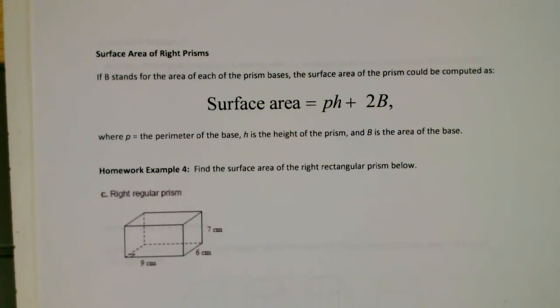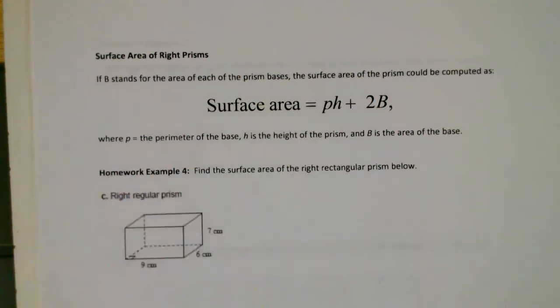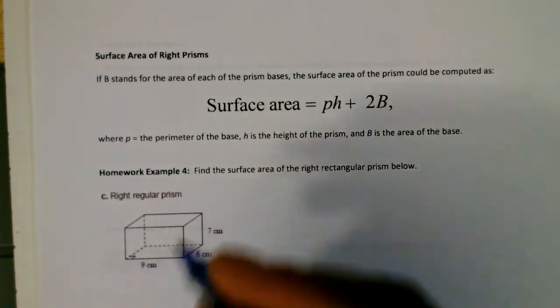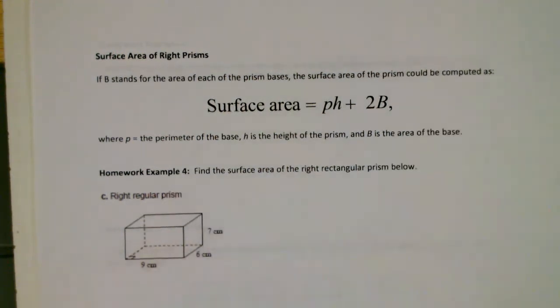Here, the surface area will be P times H plus 2 times B. Now, the P is going to be the perimeter of the base. If you recall, anytime you find a perimeter of any figure, you have to add the lengths together. And also, your height is going to be H, and B is going to be the area of the base.